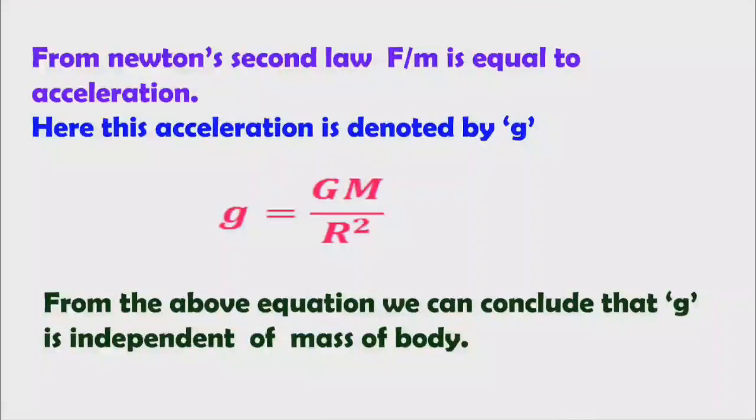In the formula of small g, there is no mass of the body, small m. That's why we say small g is independent of the mass of the body. It depends on the mass of the earth and on the distance of the object from the center of the earth.